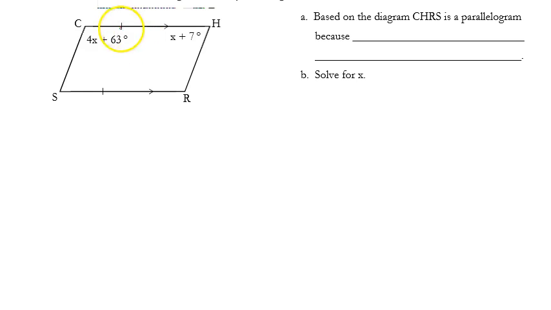In this particular case, these segments tell me that CH is congruent to SR. These marks show me that CH is parallel to SR. That is what allows me to conclude that this is a parallelogram, because CHRS is a parallelogram since one pair of opposite sides is congruent.